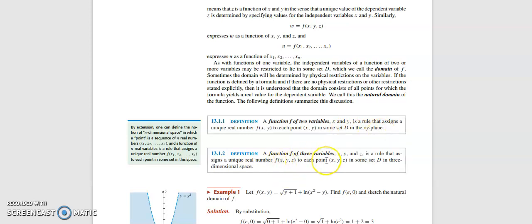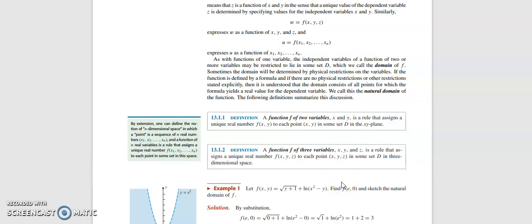And similarly, a function of 3 variables is a rule that assigns, corresponding to every x, y, z in a given domain D in the 3 dimensional space, a unique real number f of x, y, z.